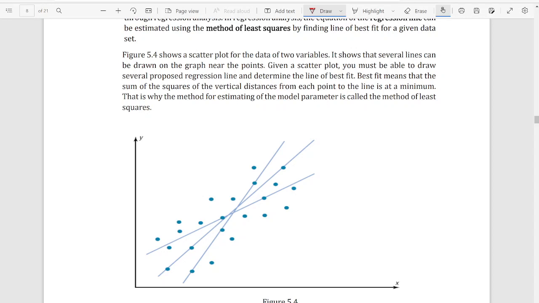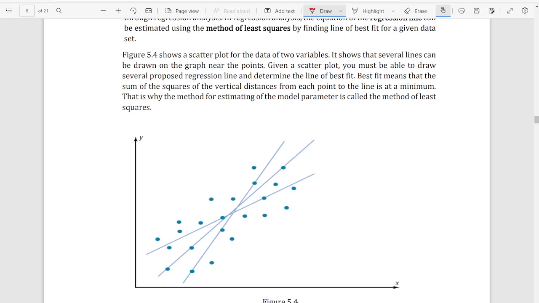So we want to estimate the best line to predict the relationship between the two variables x and y. Okay, kita nak carikan line yang paling bagus, yang paling baik, right? So this is what we call the regression analysis.